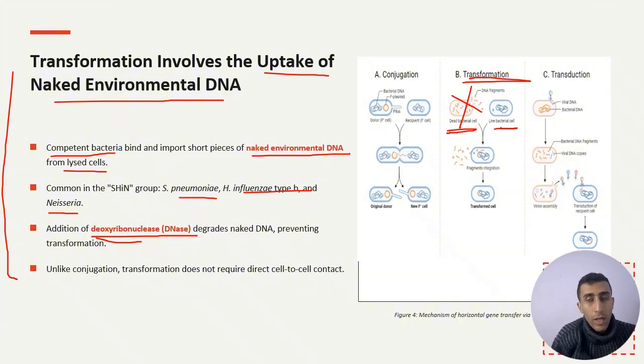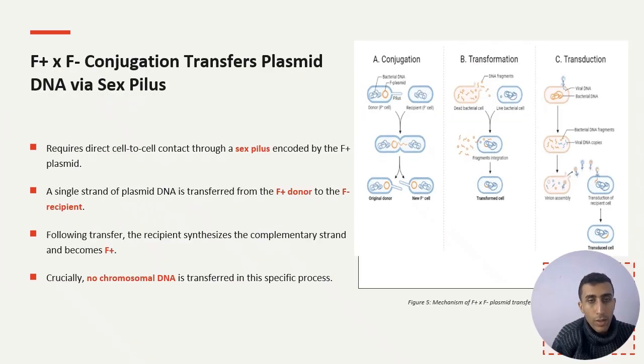One very important thing you have to notice is that transformation doesn't require direct cell-to-cell contact, because it happens with a competent, live cell and a dead cell. So it does not involve direct cell-to-cell contact. You have to know this is called transformation. This is called, again, transformation.